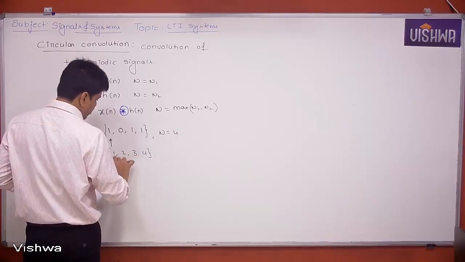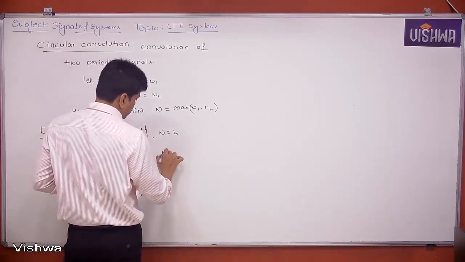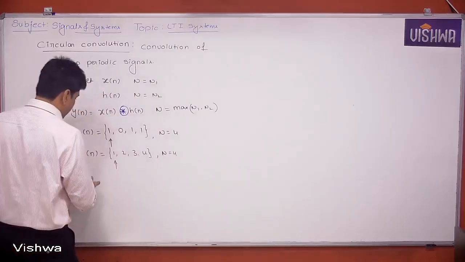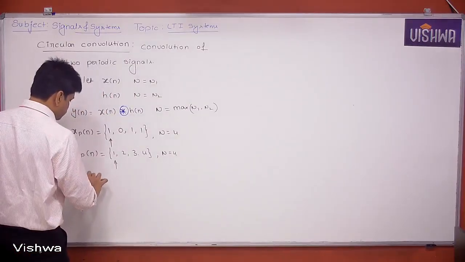This is also periodic with a period n equal to 4. Then I have to calculate yp of n.